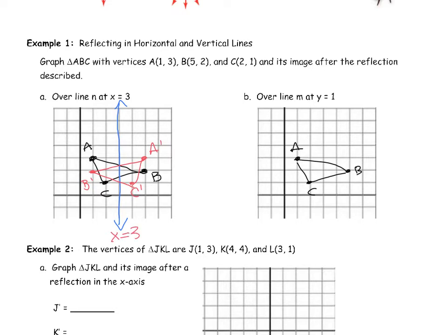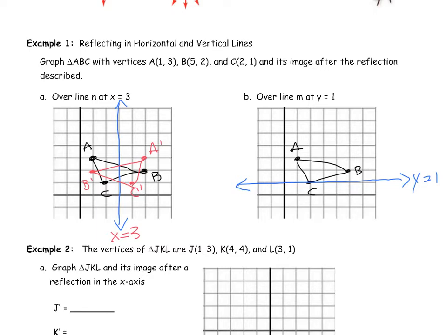Now, the next problem, we're going to, again, reflect this pre-image over the line M, which is at y equals 1. Now, y equals 1 is a horizontal line. So it's a horizontal line that goes through where y is 1. And we're going to reflect over that line. Remember, it has to be equal distance from one side of the line to the other.